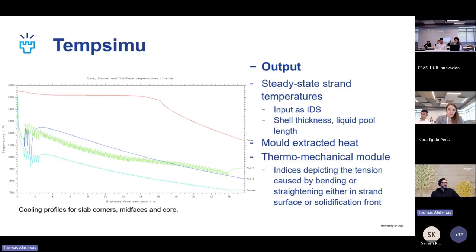And the newest version of TempSimu also includes the thermomechanical module, which depicts the tension caused by bending or straightening in the strand, either in the surface or solidification front. So that's something that we will also utilize in the Sunshine project.